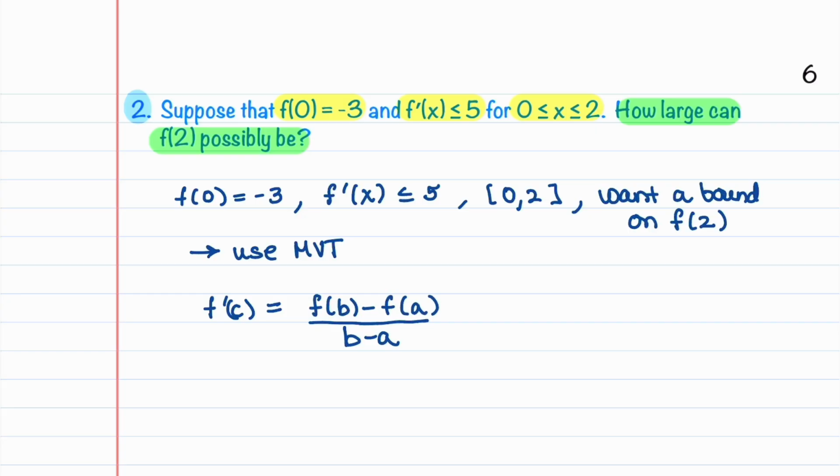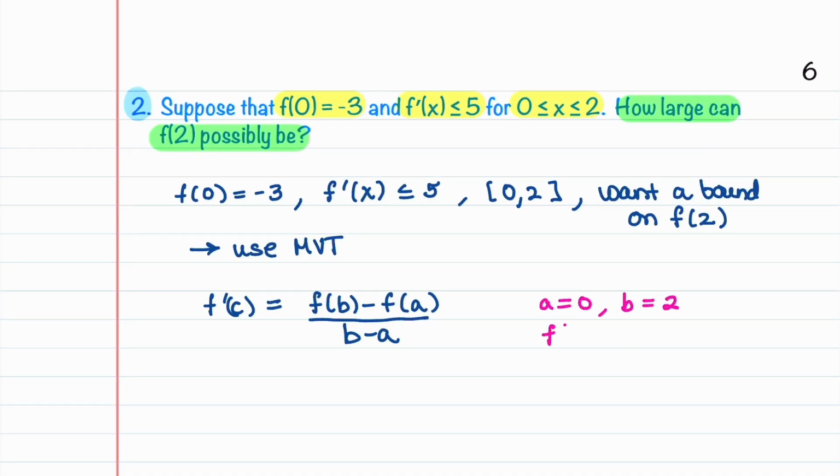It's just saying the instantaneous rate of change at some point c is equal to the average rate of change over the interval. Our a is going to be 0, and our b is going to be 2. And we know that f prime at c is less than or equal to 5, and that's because f prime of x is less than or equal to 5.